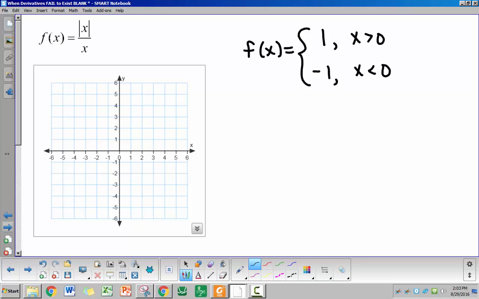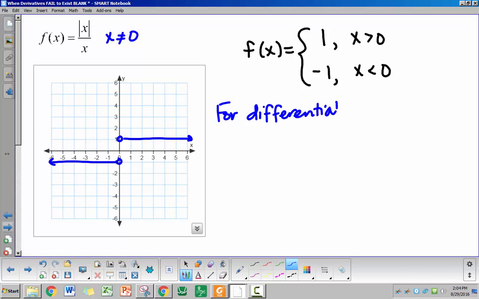So let's graph that. I should stay in blue. And x can't ever be what? 0 here, so it's going to be an open dot and an open dot. Can we have a tangent line there? First of all, what was the first thing we had to do for differentiability? f of x must be... Well, what happens here?